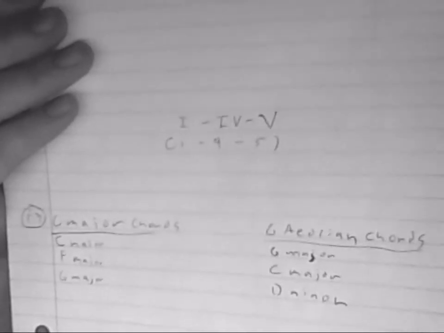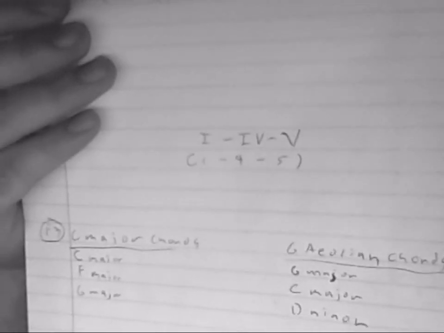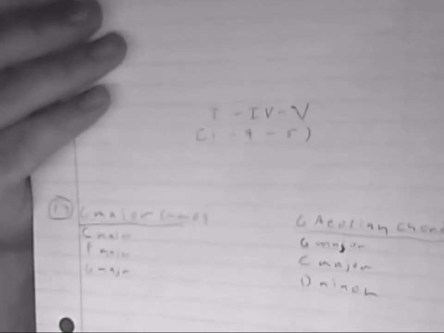So if we want to give off an Aeolian relative minor feel, we can do a 1-4-5 of G major, C major, and D minor. And to really drill the point home when you're playing this, you would emphasize the root note of the Aeolian or relative minor, which in this case is G. You would basically have that as your landing zone, or as they call it, the tonal center.